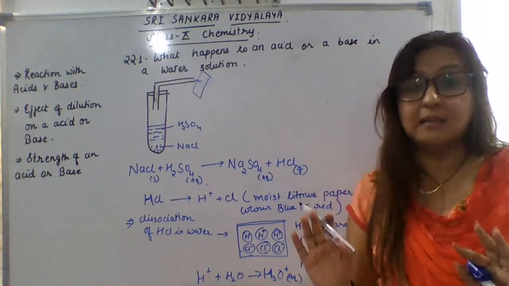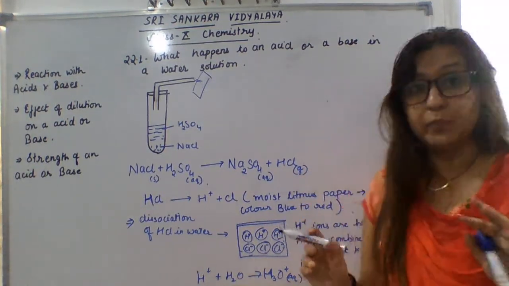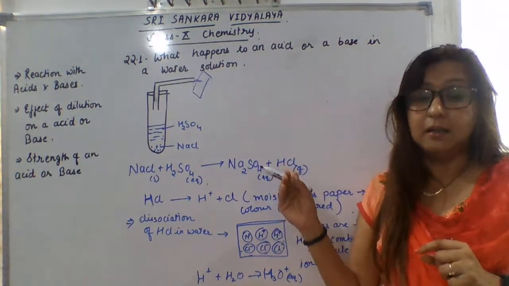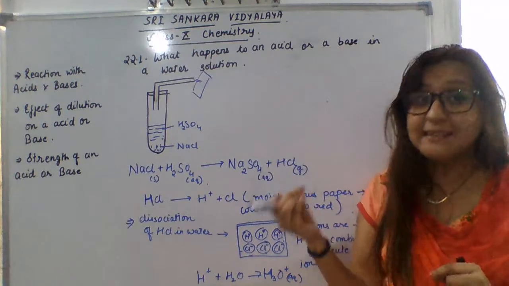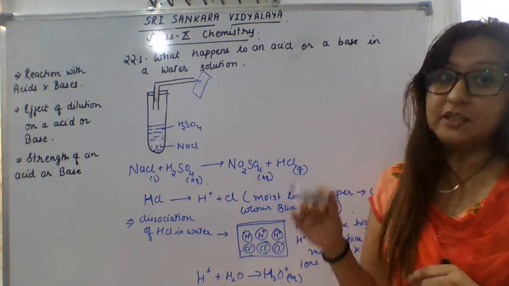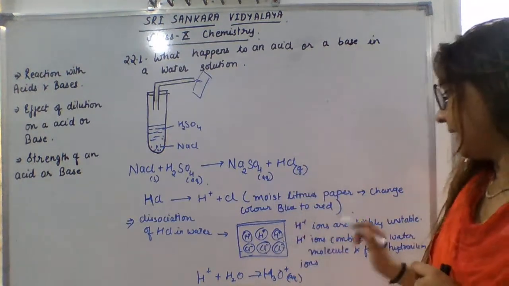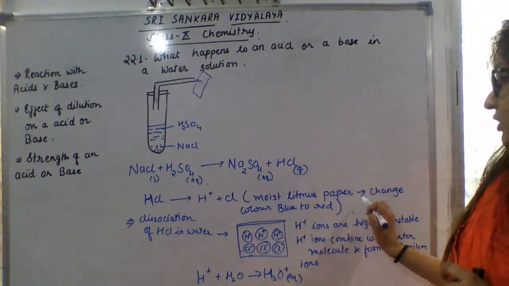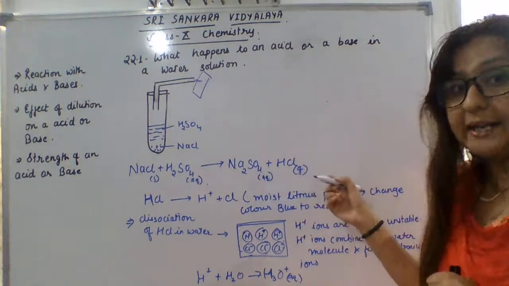It will remain as it is, blue. But when we take moist litmus paper or wet litmus paper, the color will change from blue to red.